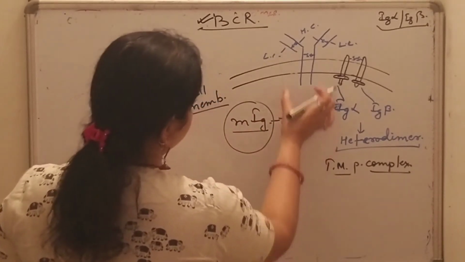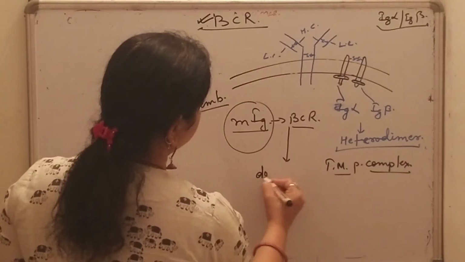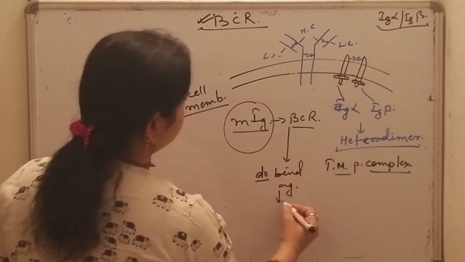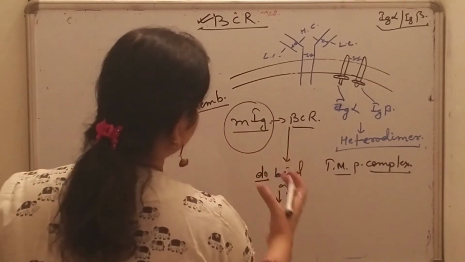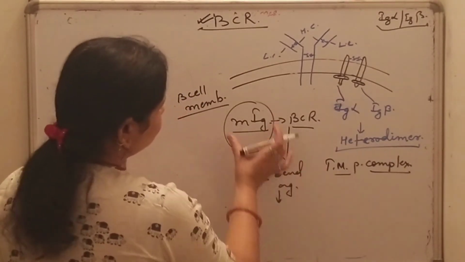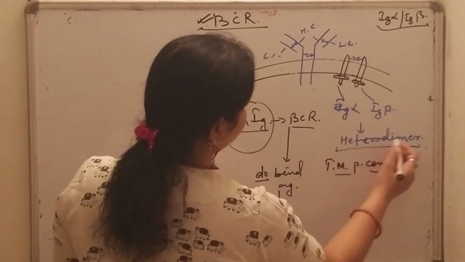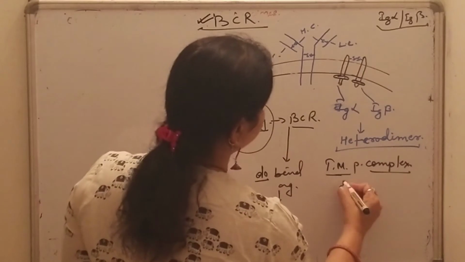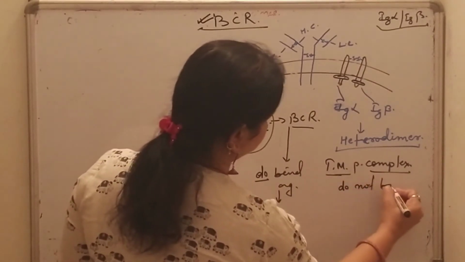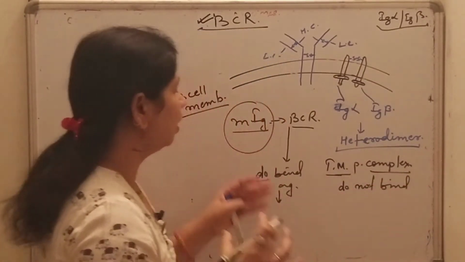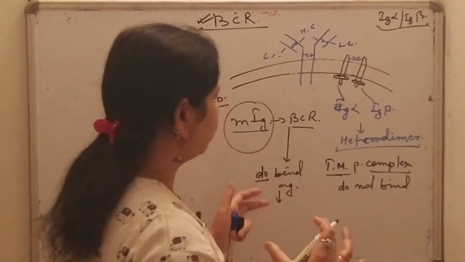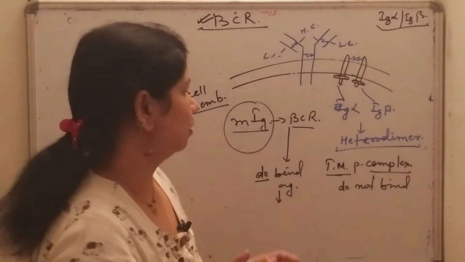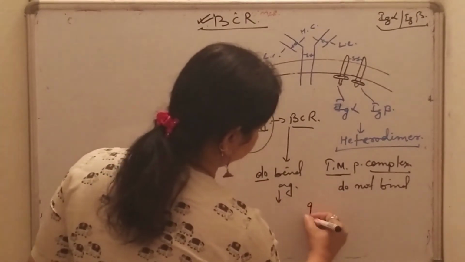So this B cell receptor membrane immunoglobulin will bind with antigen and will initiate the immune response against this antigen, and this Ig alpha and Ig beta heterodimer transmembrane protein complex does not bind with antigen, but it will transmit the signal to the cell nucleus so that it can change the pattern of gene expression.